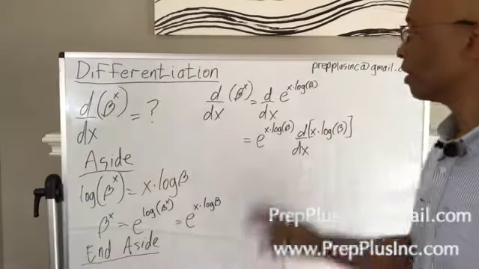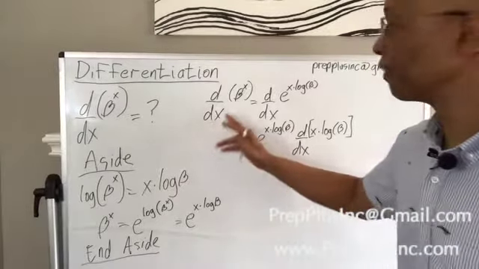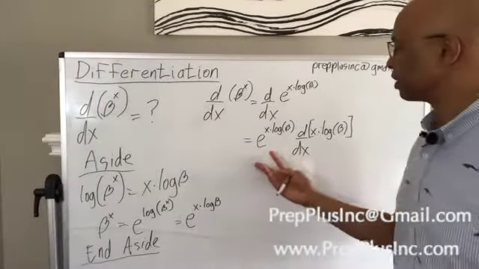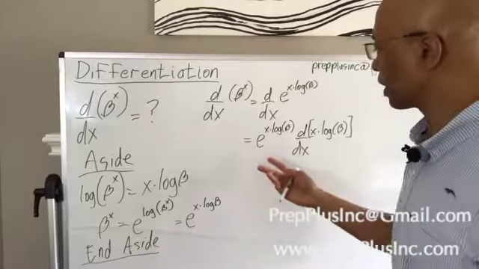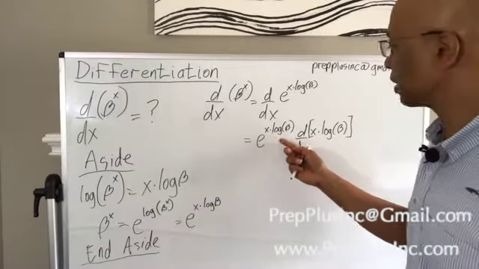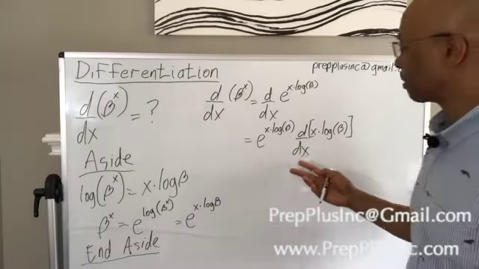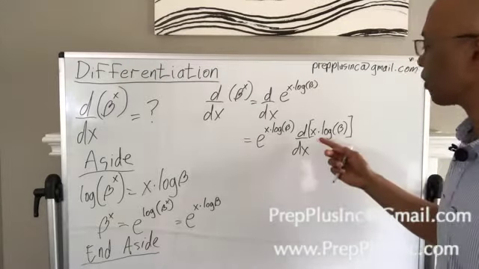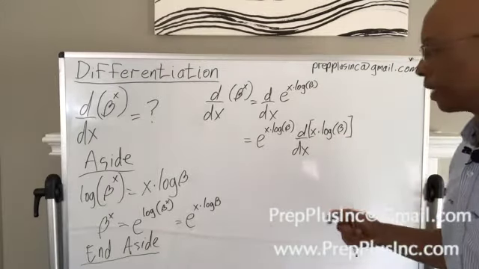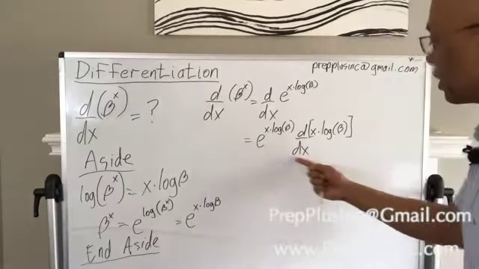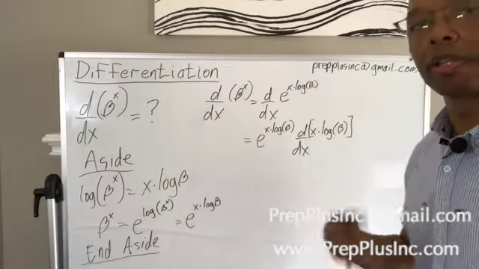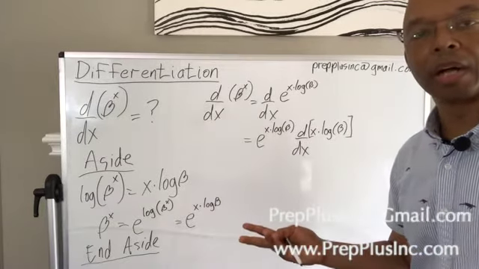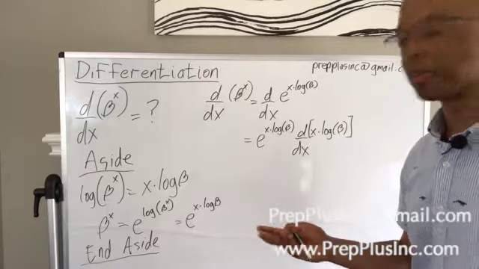So far, calculating the derivative of beta to the x is this product, e raised to the power x log beta times the derivative of the quantity x times log beta. We just apply the product rule for derivatives.